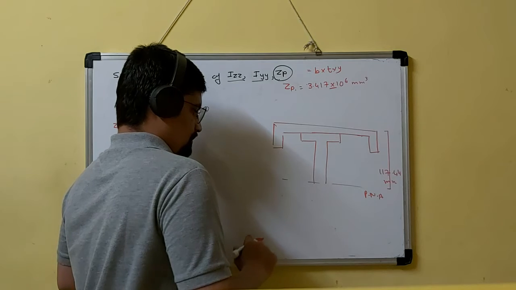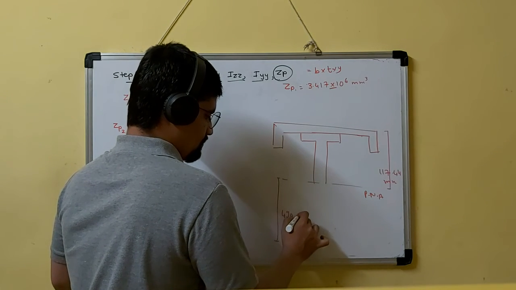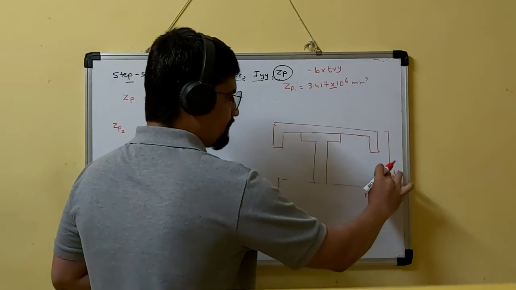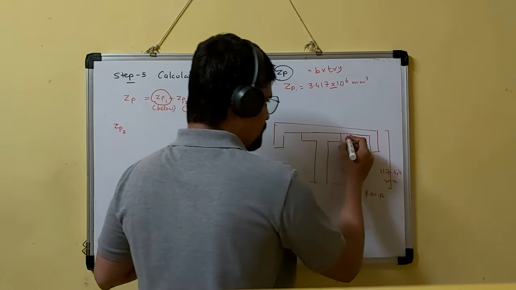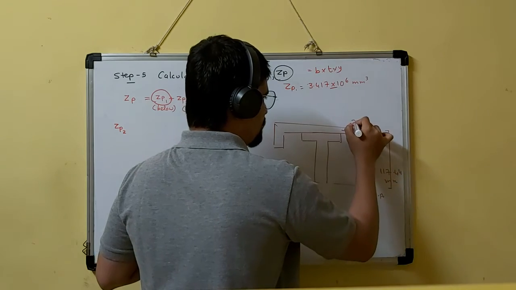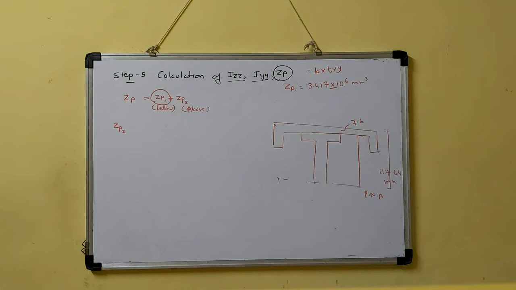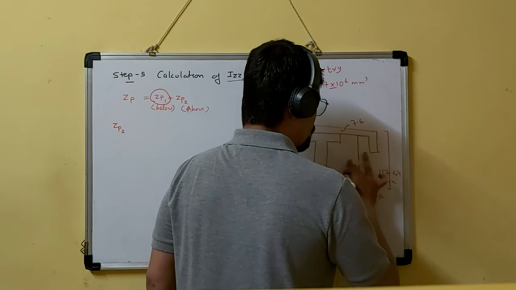Up to here it is 490.16 mm. So what will be the distance? 117.44. What will be the distance from here? Simply minus 7.6, the thickness of the web. The distance will be 109.84.